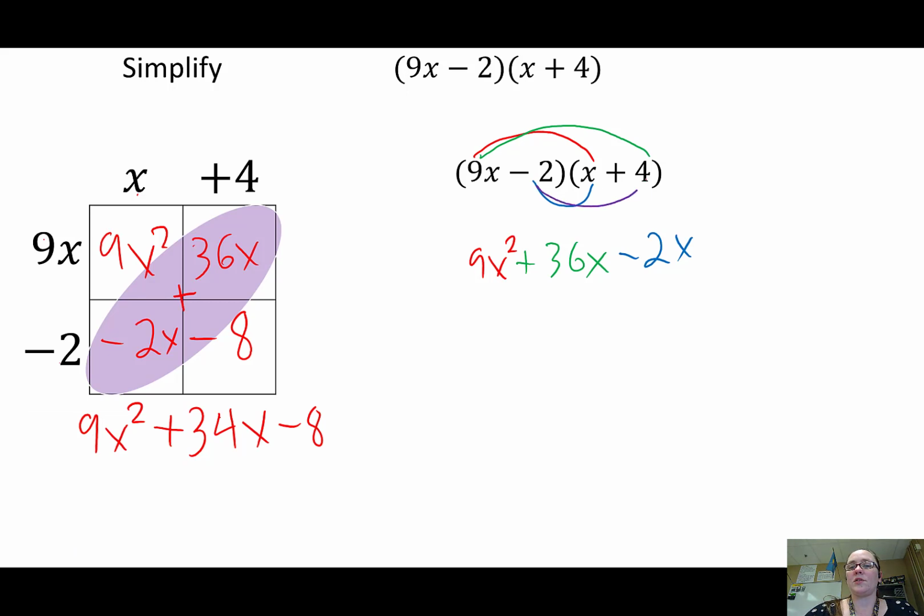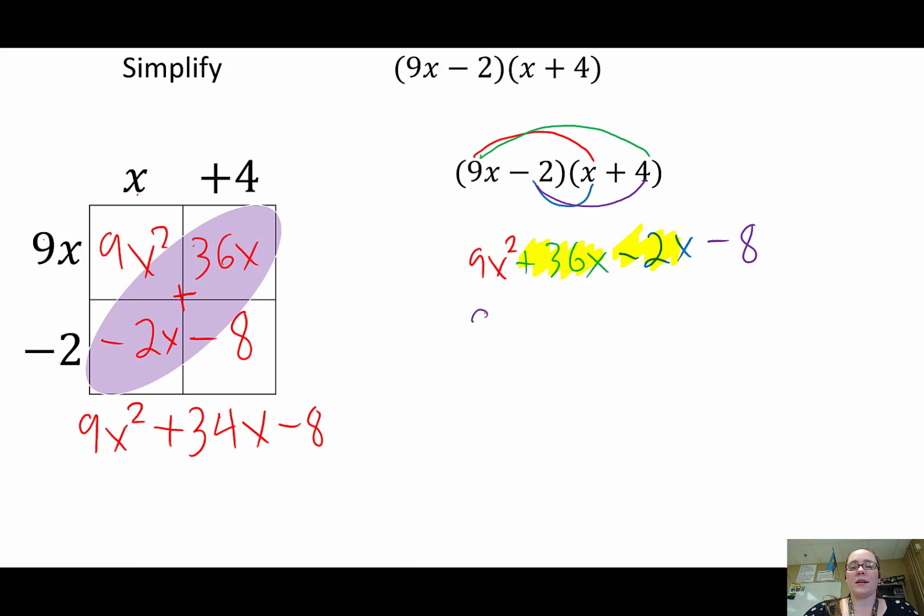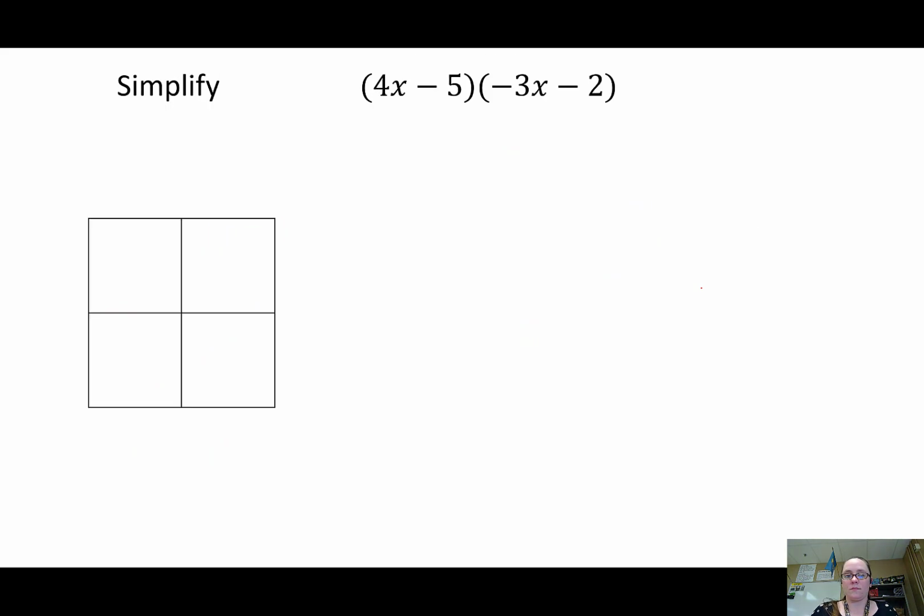And finally, negative 2 times 4, which is negative 8. So from here, combining my like terms, which is the 36x and the negative 2x, we get 9x squared plus 34x minus 8. Same answer both times, just two slightly different methods. I don't care which one you use. I'm going to continue to use both so you can compare them through each one.